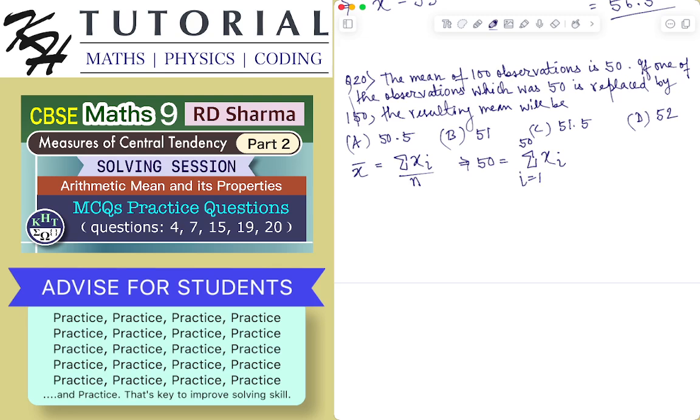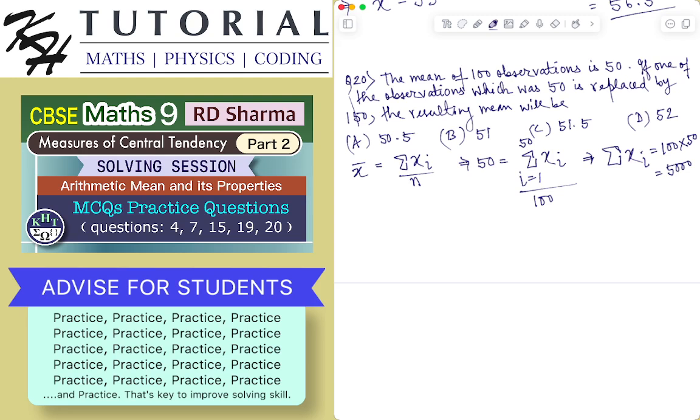So we have 50 equals to sigma xi by, no, sorry, n is 100. This implies the sum of the observations xi is equal to 100 multiplied by 50, which is 5000. So the sum of the 100 observations is 5000.